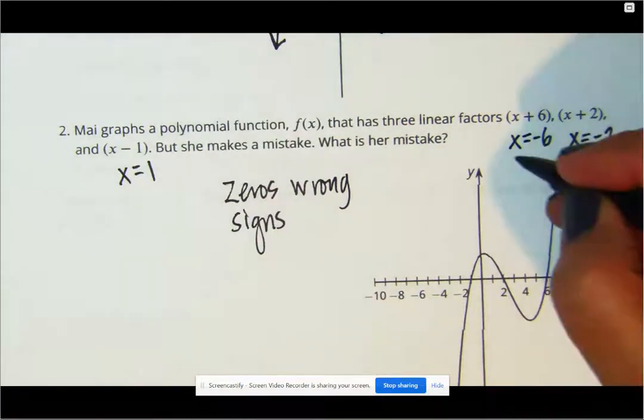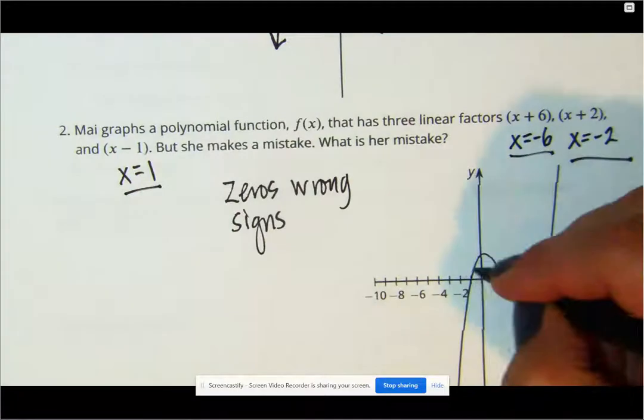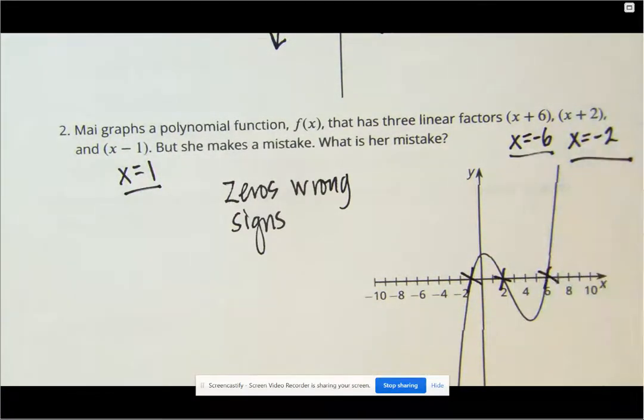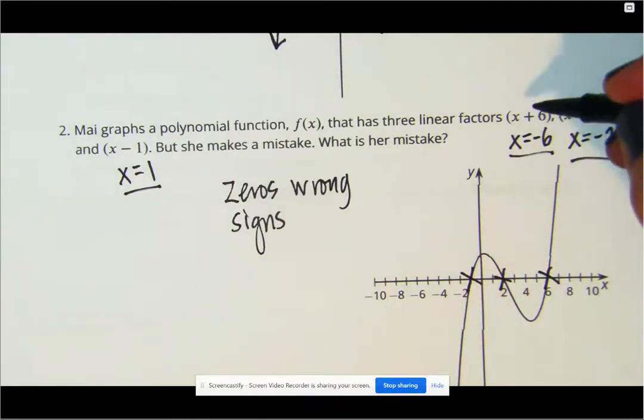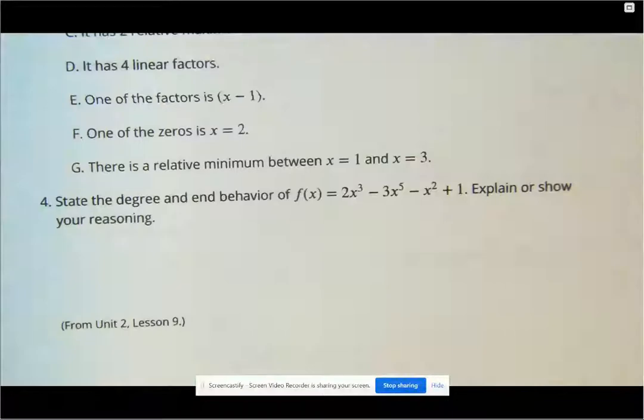It should have been x equals negative 6, x equals negative 2, and x equals 1, not negative 1, negative 2, and positive 6. Okay? It's whatever makes the factor 0. That's where your zeros are. Okay, that's number 2.